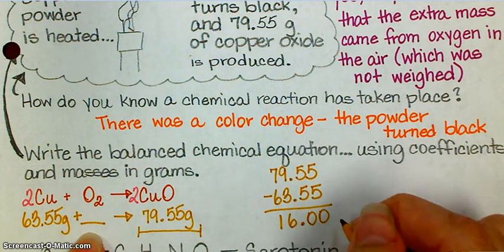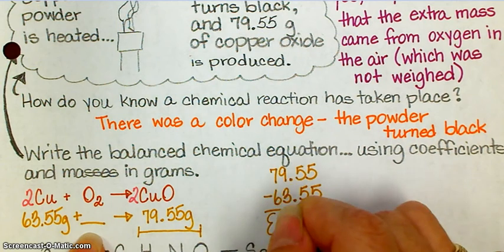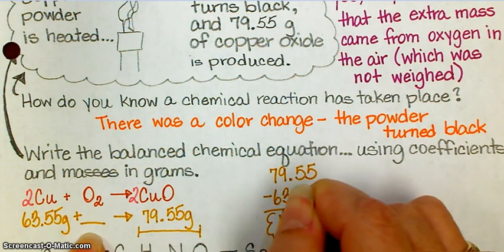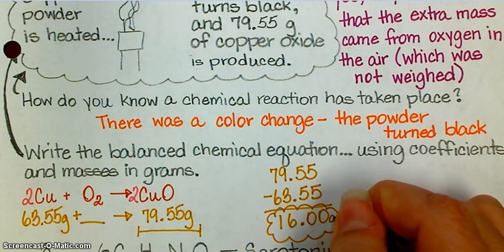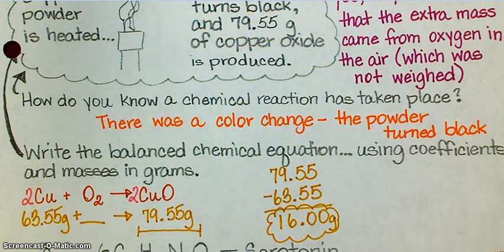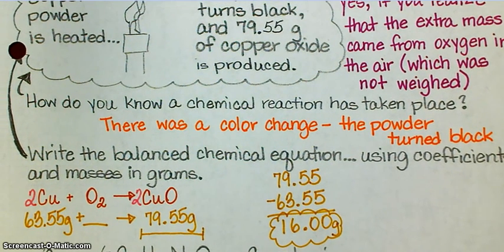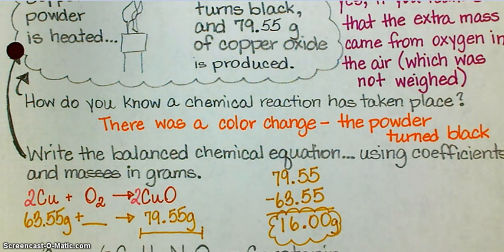So I wind up with 16 grams of oxygen gas. Okay. All right, we're going to do something similar on the back for number 5, but there are some mistakes on the masses, so I'm going to give you the new masses before we actually do the problem.